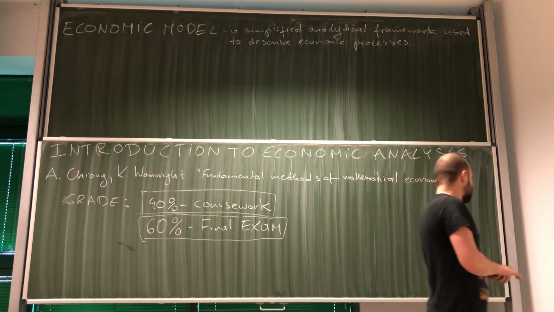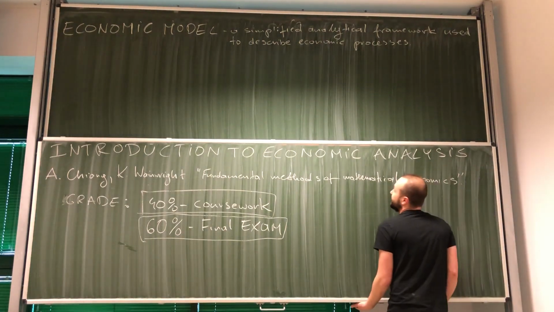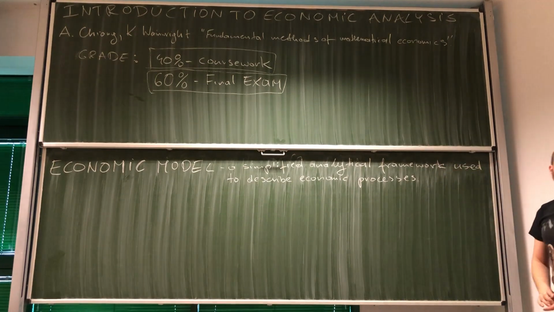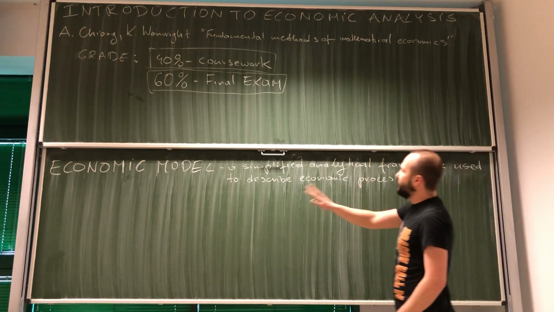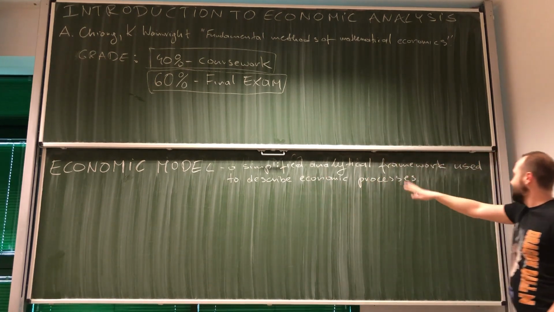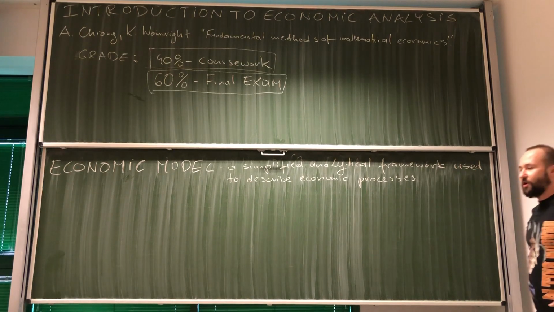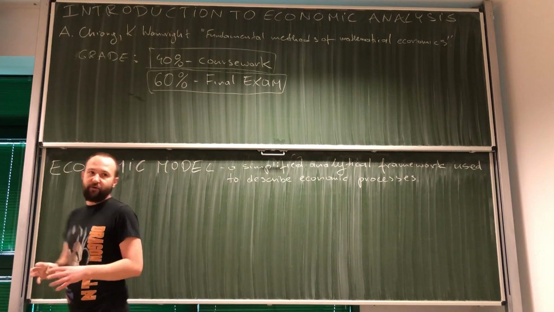So now let's go right into the subject and what we are going to do in this class. We're going to be discussing different economic models. An economic model is a simplified analytical framework used to describe economic processes. So an economic model is a simplification of reality.